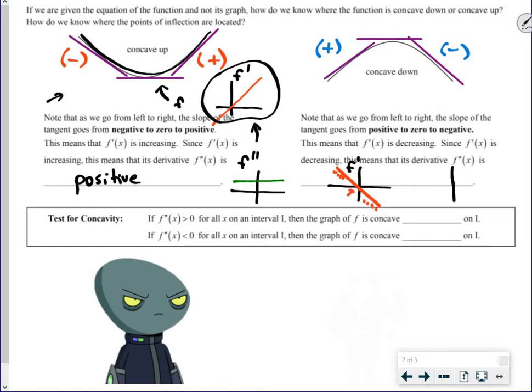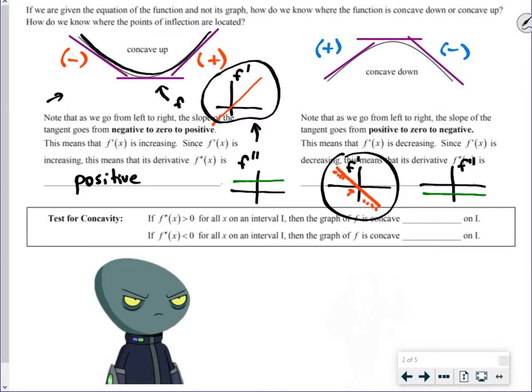Okay, and if we did the slope of the slope, it is constant and negative. So if we were to do that one, f double prime would look like that.